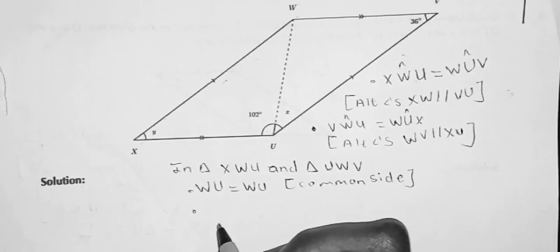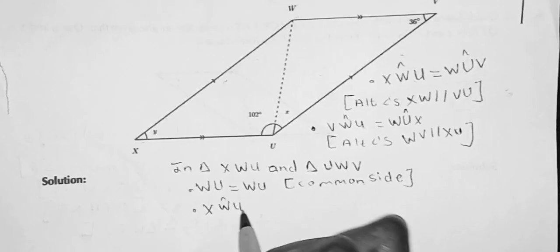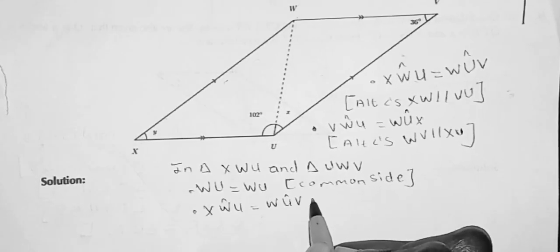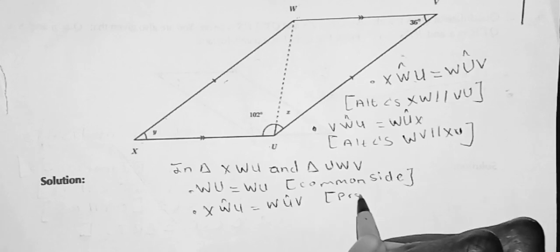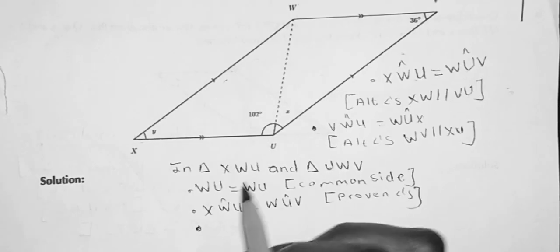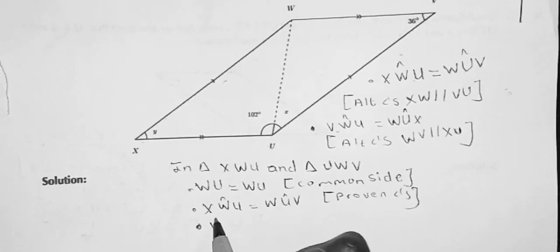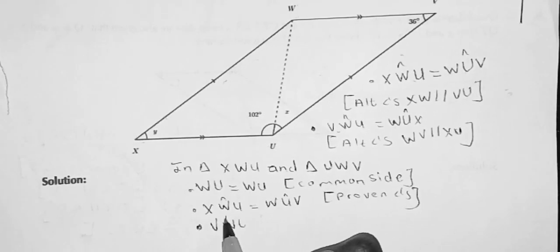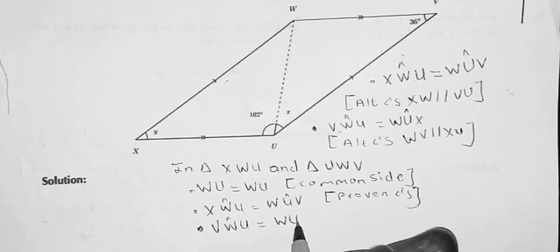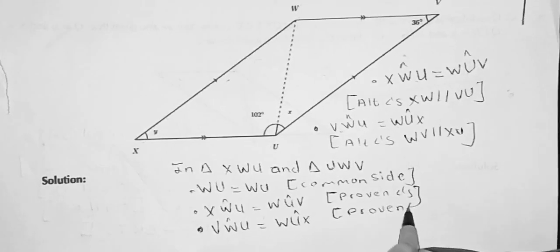Reason: proven angles. And also angle VWU is equal to angle WUX. Reason: proven angles.